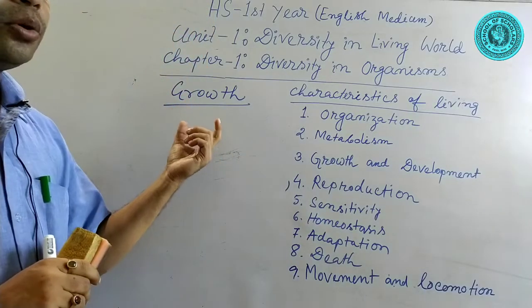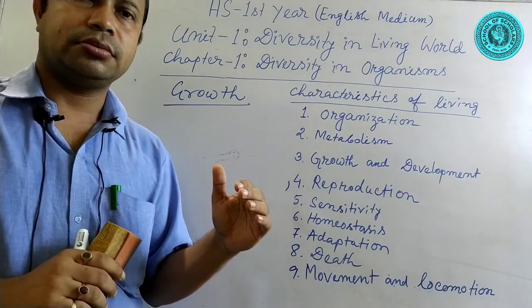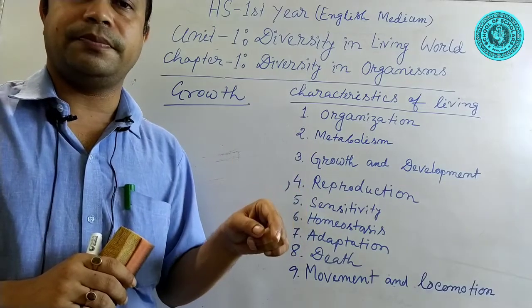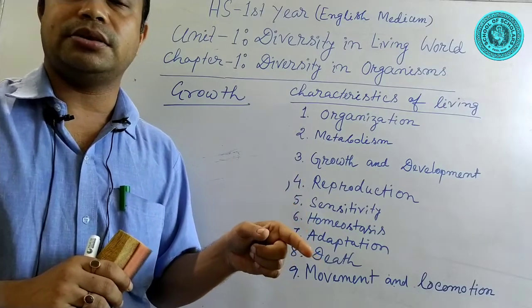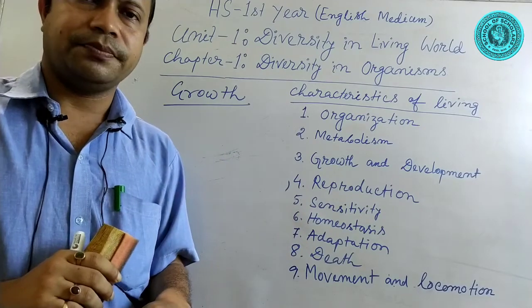For the growth of an organism, it is very important to increase the rate of anabolism, because anabolism is a constructive metabolism, compared to the process of catabolism.